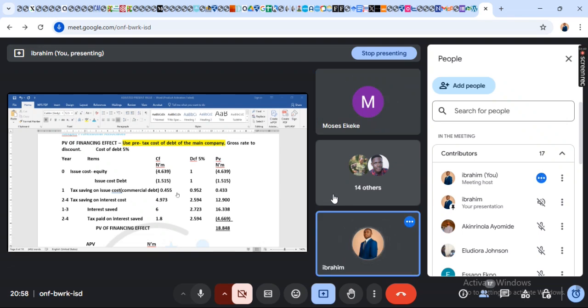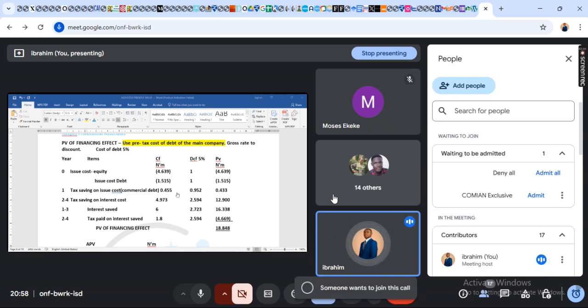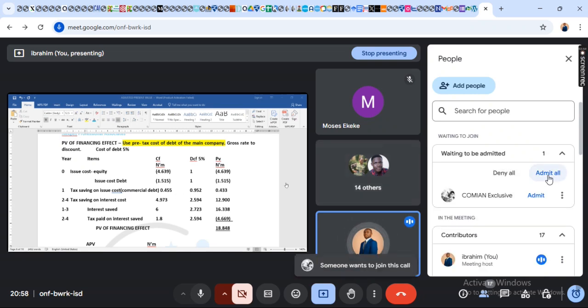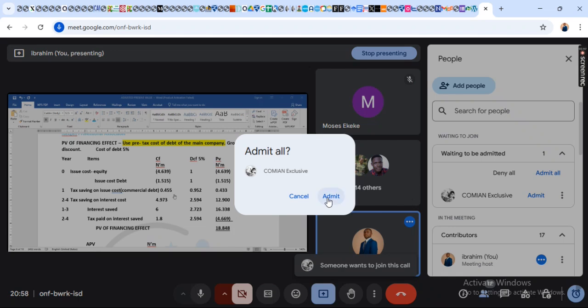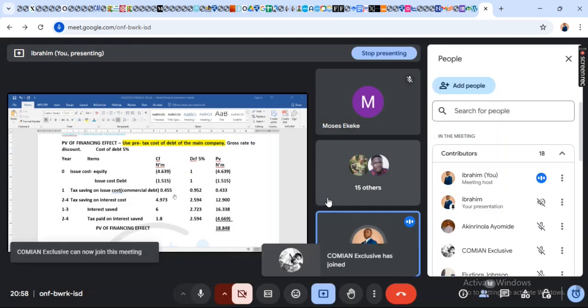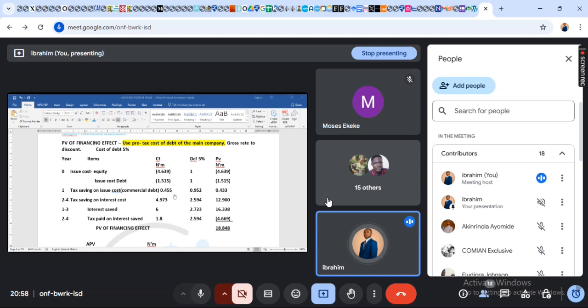Because I said use the pre-tax cost of debt of the main company. The pre-tax cost of debt of the main company has two debts: the subsidized and the commercial. You have a commercial rate of 5% and a subsidized rate of 3%.